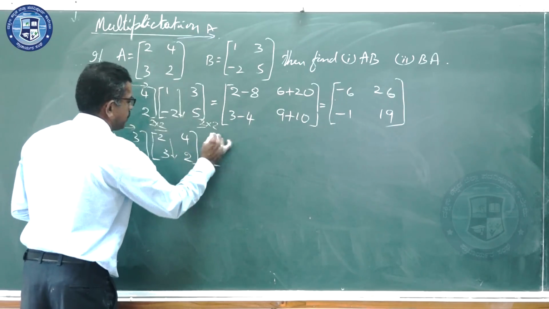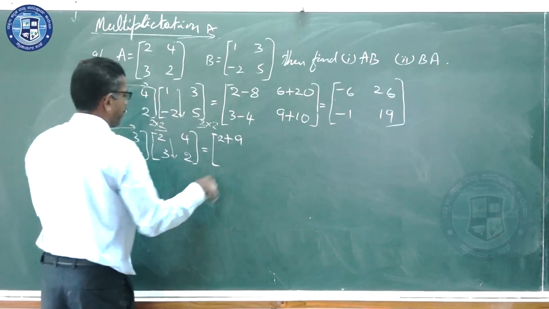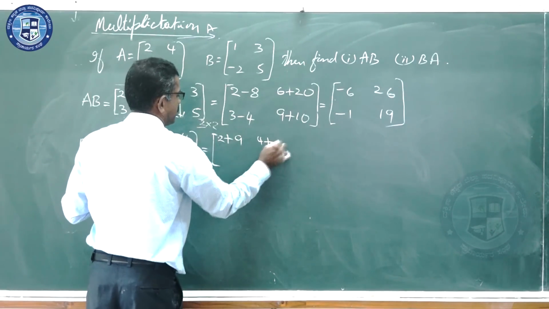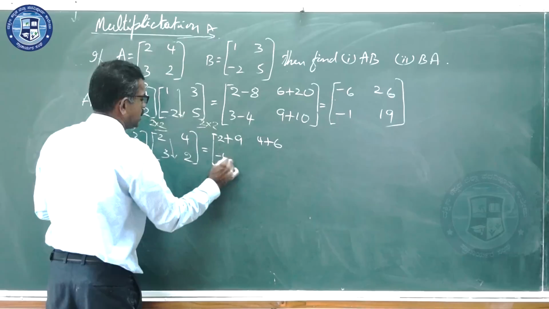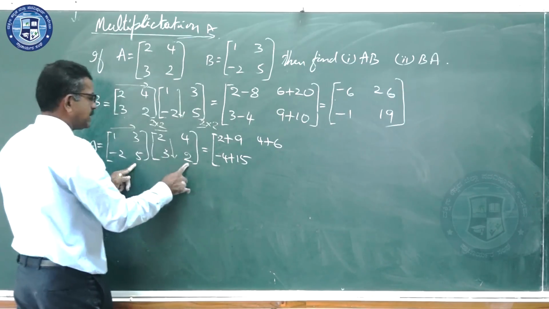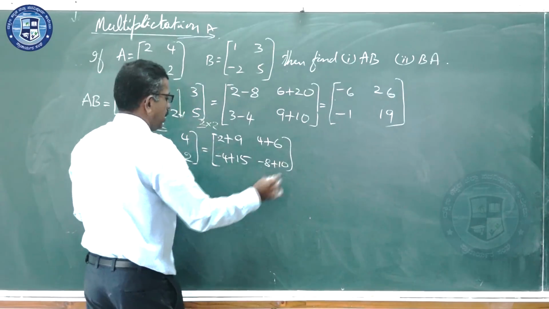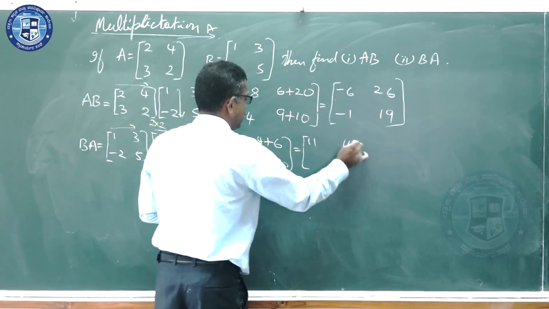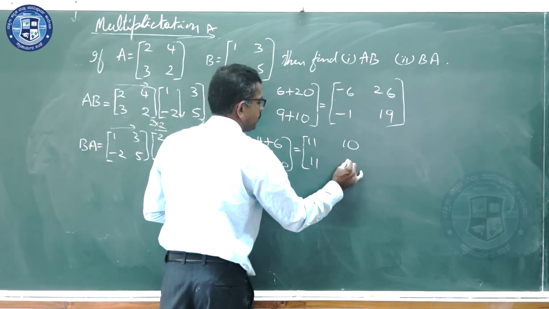So we expect here, first one is 2 plus 9, then 4 plus 6, then minus 4 plus 15, and minus 8 plus 10. The answer would be: first element is 11, second element is 10, third element is 11, and fourth element is 2.